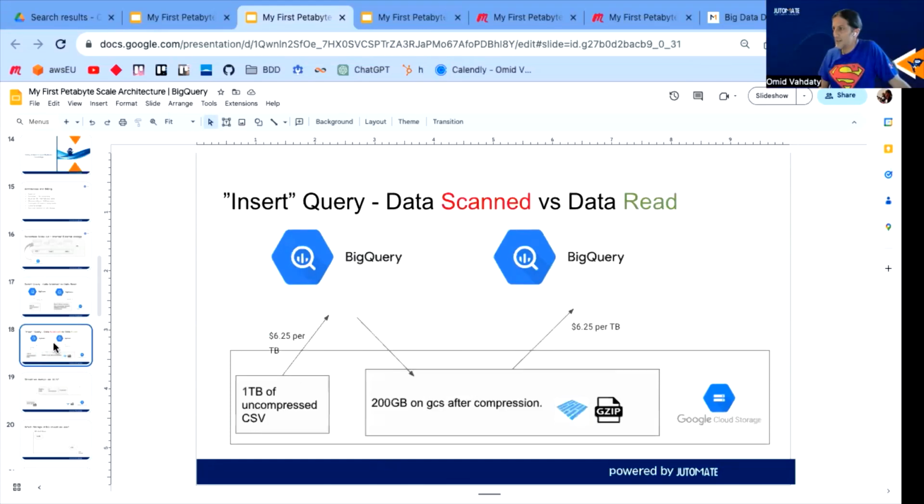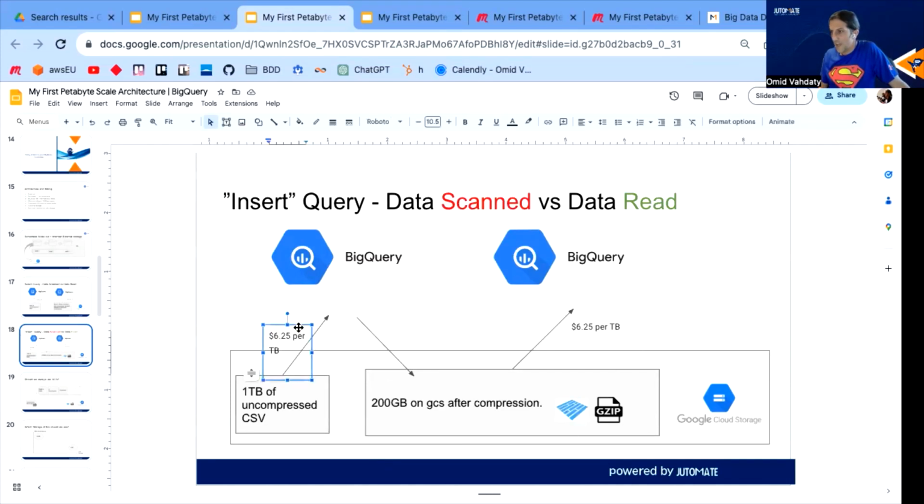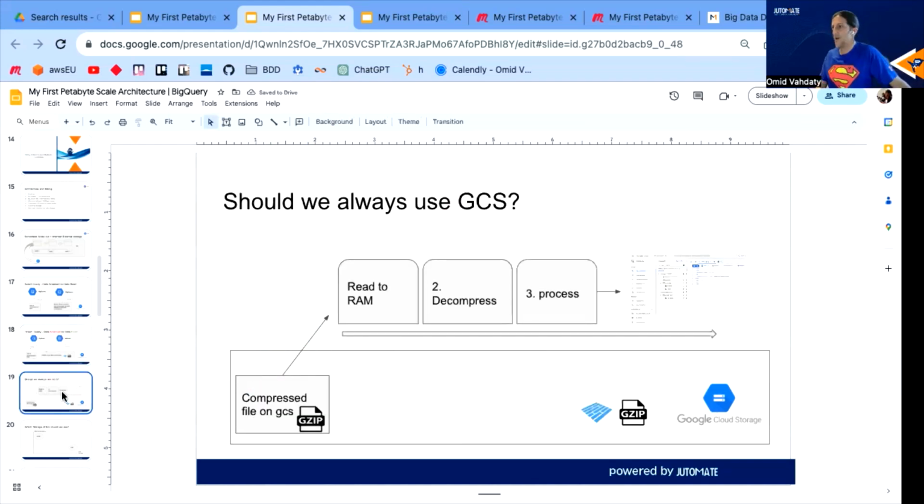When you want to compare data scan and data read, as discussed, it will be the same in terms of billing. So why compress? As we mentioned, you should compress. But the question is, should you always compress?